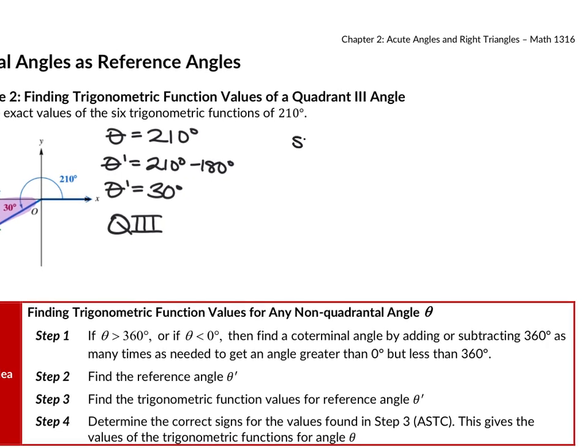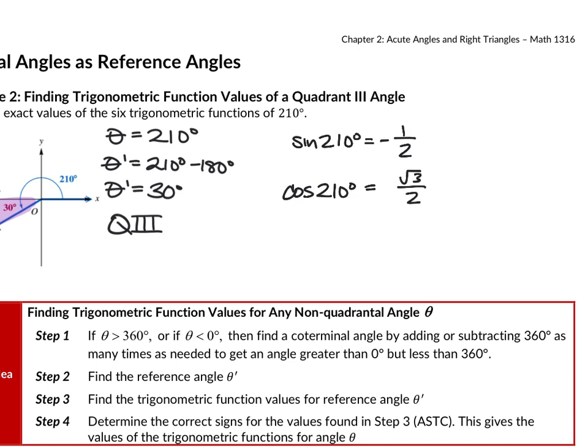So I could say the following. The sine of 210 degrees would be like doing the sine of 30. Sine of 30 is 1/2. But in quadrant 3, sine is going to be negative, so you just pop a little negative on there. The cosine of 210, I'm actually thinking about the cosine of 30. The cosine of 30 is square root 3 over 2.